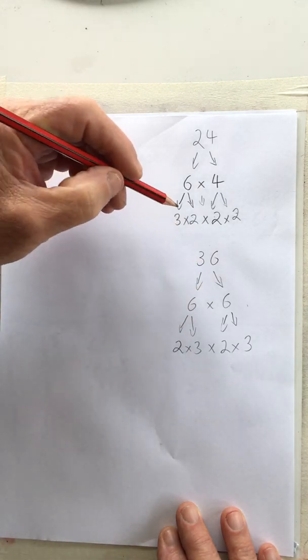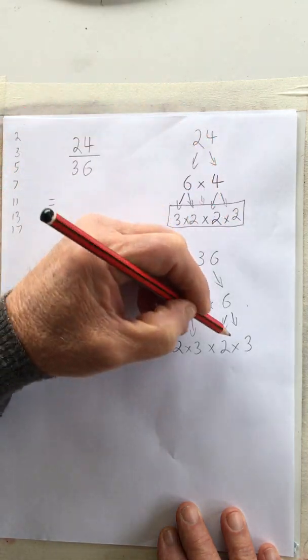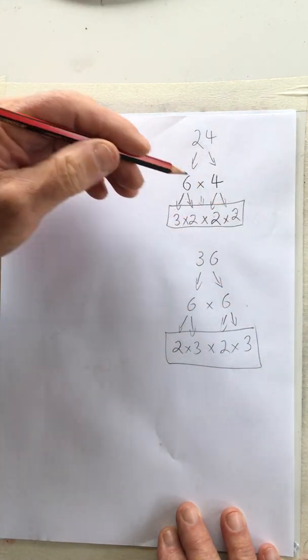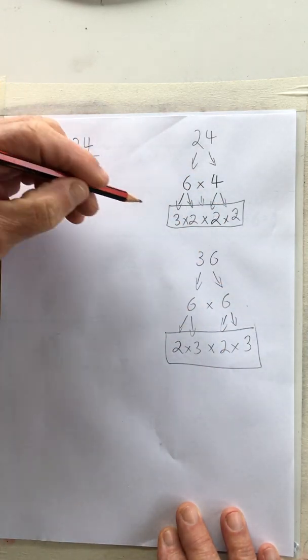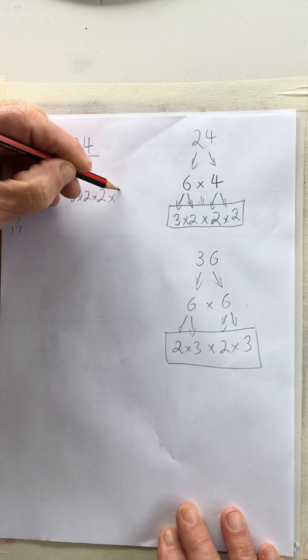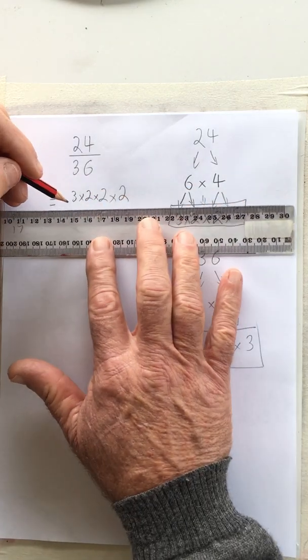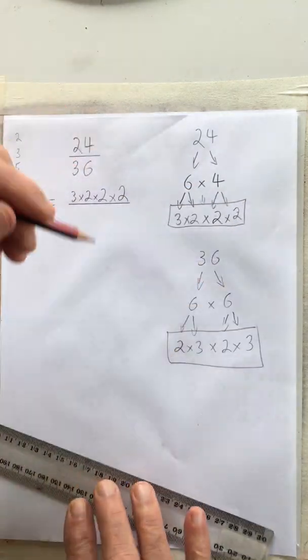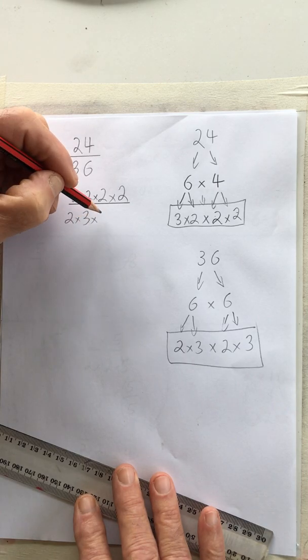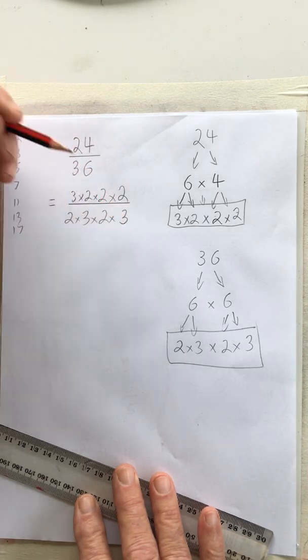There is my 24, there is my 36, and I'm going to rewrite 24 over 36 in its prime factor form. 24, there it is, 3 times 2 times 2 times 2. Go over here. 36, 2 times 3 times 2 times 3.